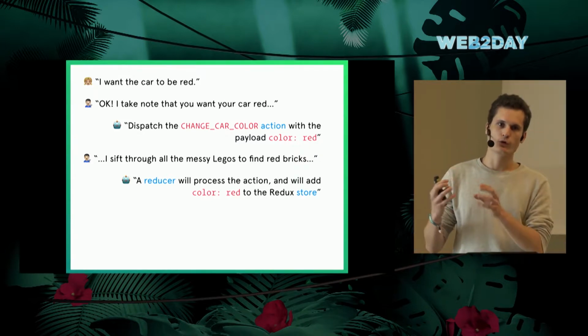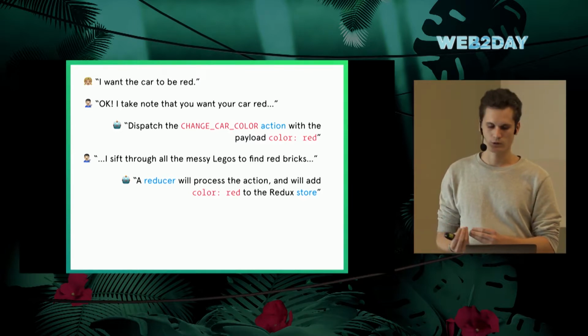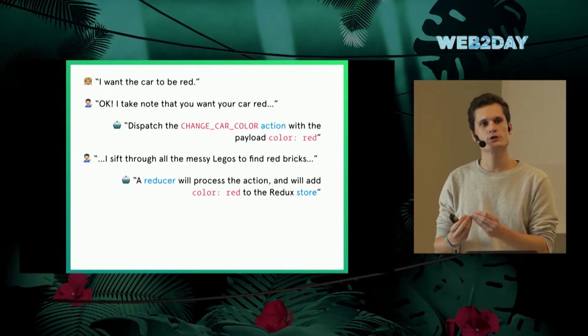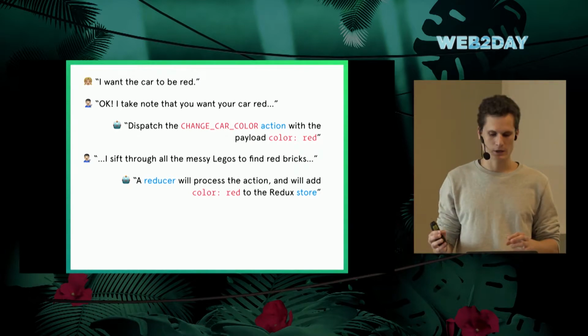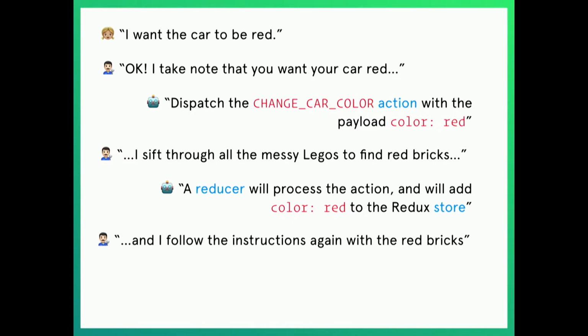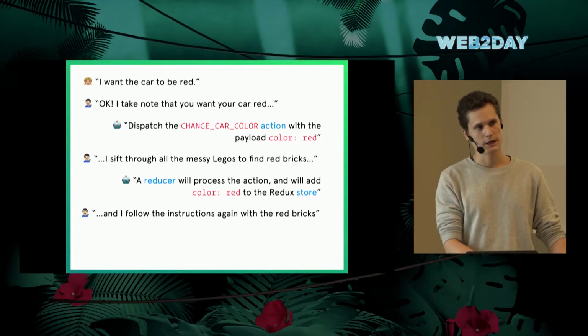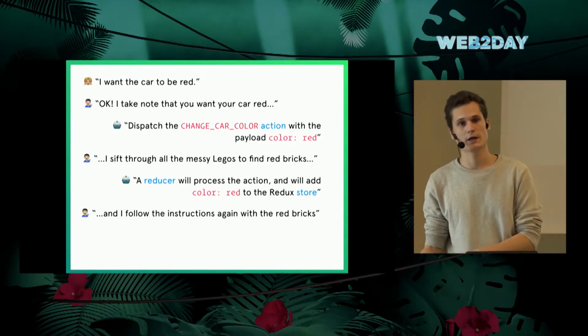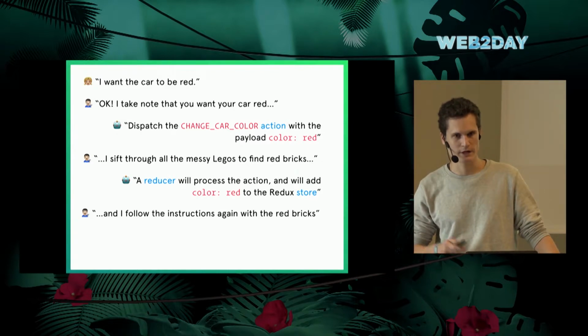And the information contained inside this action, the fact that the color should now be red, will be added to what we call a store. A store is basically the place where we store all the information, all the data for our application. And then, now that I have all my red bricks, I just follow the instruction sheet again with all the red bricks, and I get the red race car.